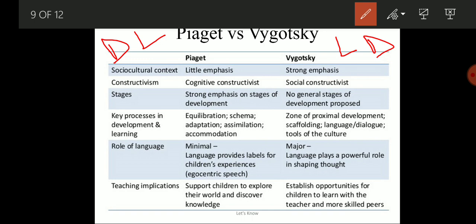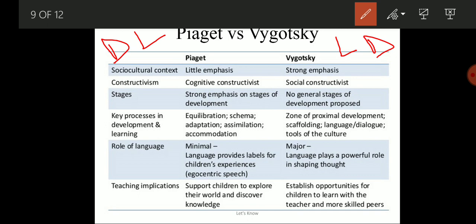So I can imagine the Taj Mahal, and later I visit the Taj Mahal and find whatever I have imagined, and in reality it is the same. So my thinking and reality both are equal. So I can say it is equilibration, and if it does not match, then it is de-equilibration or disequilibrium.